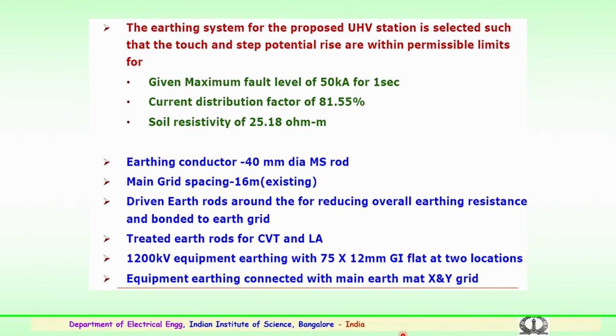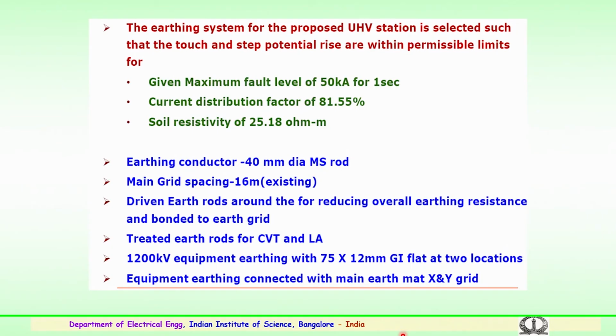The earthing system for the UHV or ultra high voltage station is normally selected such that the touch and step potential rise are within the permissible limits.